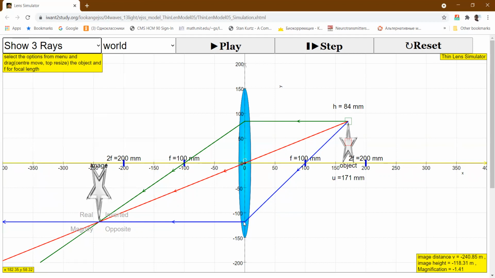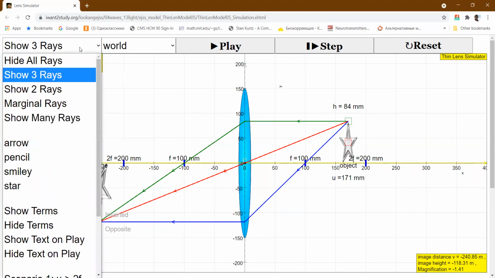It's kind of opposite, right? You have parallel light, it is collected in the focal point. You have light which goes from the focal point, it's going to become parallel light. And that's what is going to happen. It's going to intersect the lens and become a line parallel to the axis. And it's going to intersect at the same point. But if you like to see 3 rays, that's up to you. But I think 2 rays is enough.